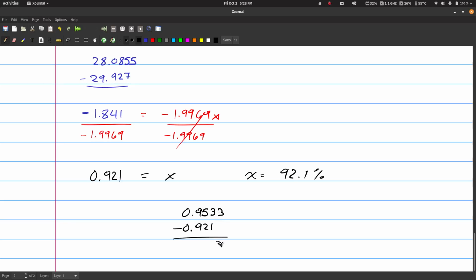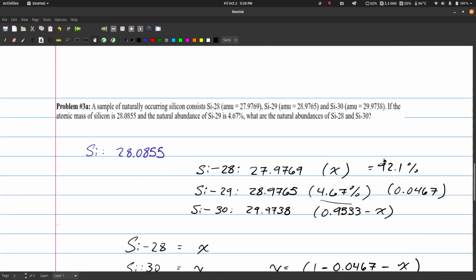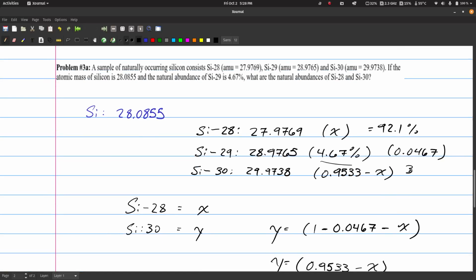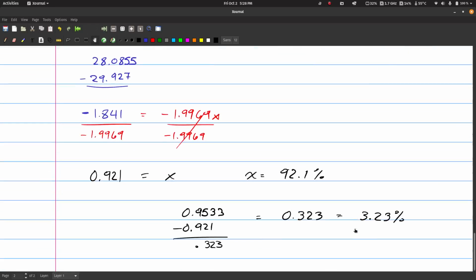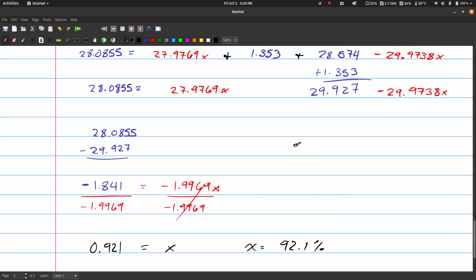So about 0.323 equals 3.23%. We're off by a little bit from what the record said, but it's fine. And then this one is 4.67%. So we have figured out the percentages of all.